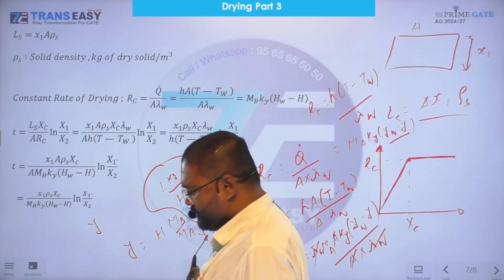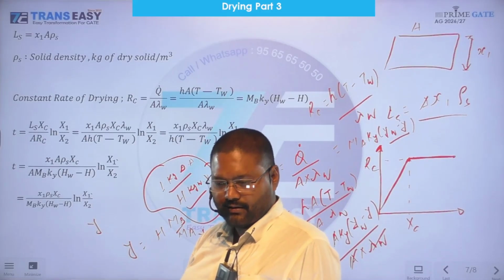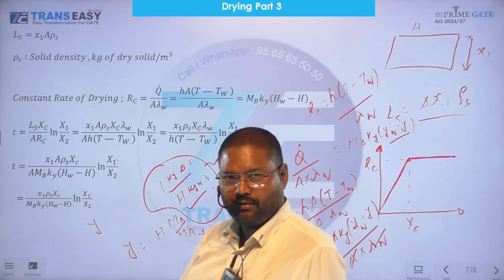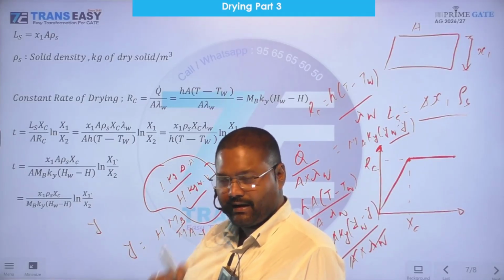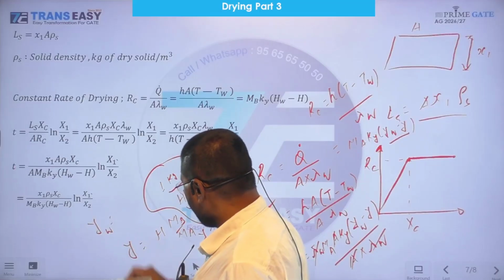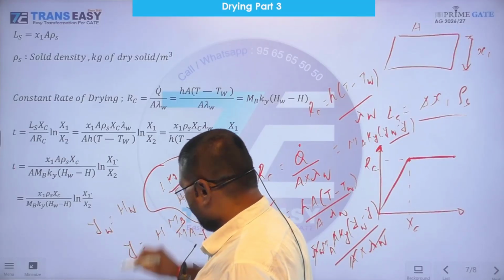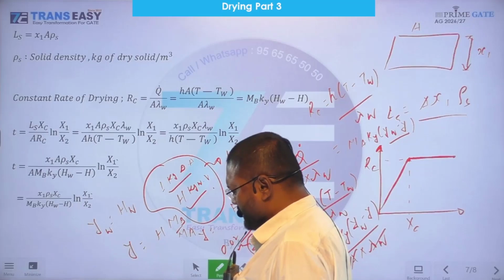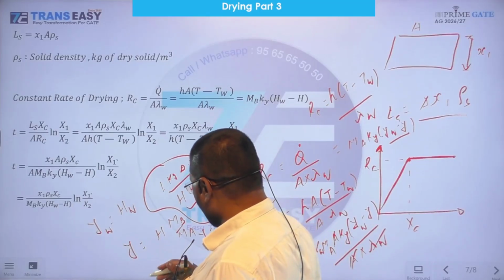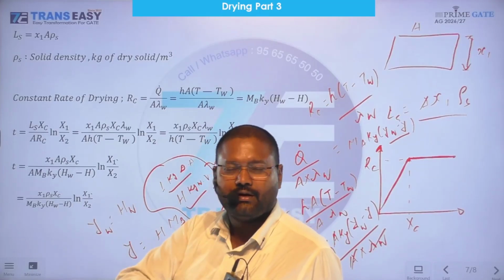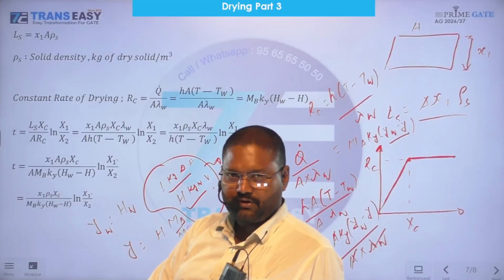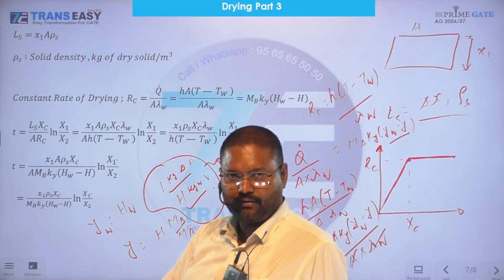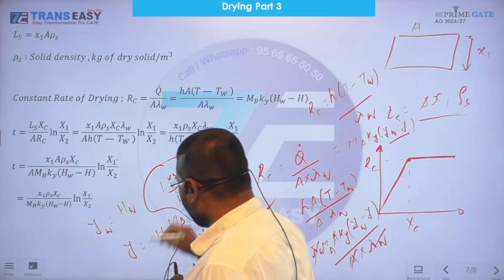Mole fraction of moist air just above the material under drying which has a thick layer of liquid. It is denoted by this, a specific humidity at wet bulb temperature, or the specific humidity of moisture near the surface of the material under drying which has a thick layer of liquid.